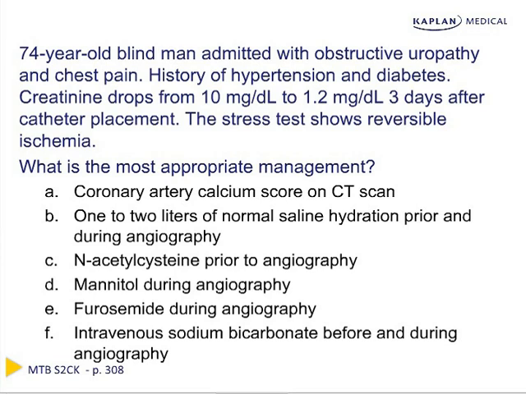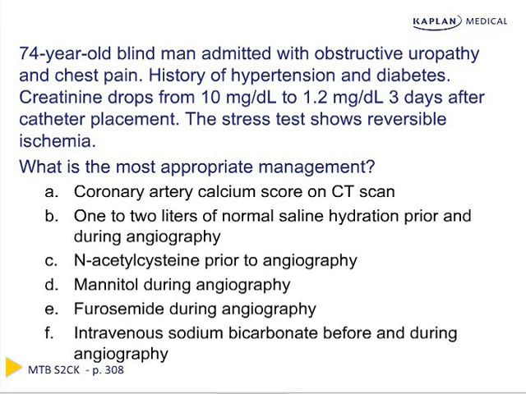So when we were first reading this question, it seemed like they were asking us a cardiology question. But actually, the question is asking, how do we prevent contrast-induced nephropathy? With a positive stress test showing reversible ischemia, this gentleman is going to need a cardiac catheterization.